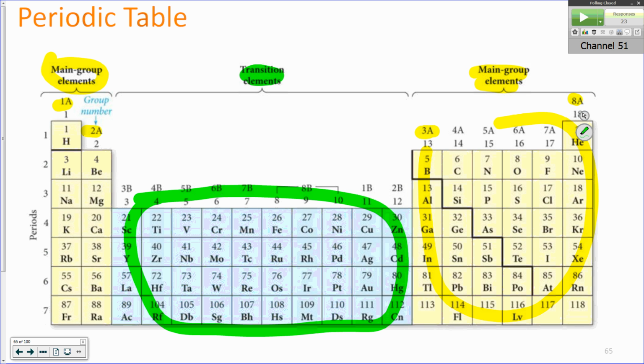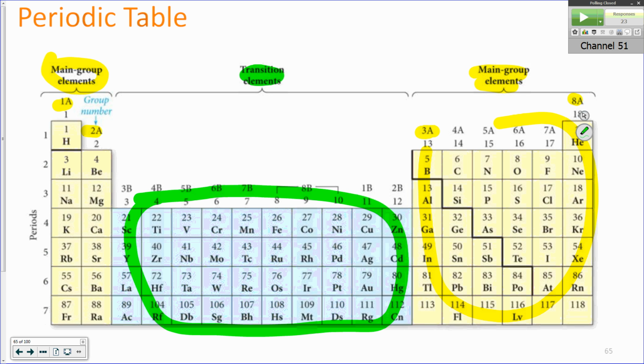1B actually starts over here on this period, 2B, 3B, 4B, 5B, 6B, 7B, and you got 3 8Bs. Okay. Why the heck do you have 3 8Bs? We'll learn about those as we go forward and learn where the electrons can go. And these ones that are plugged down in the bottom, okay, they're part of the transition elements too that fit in here.